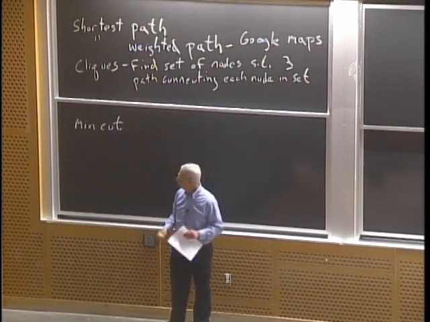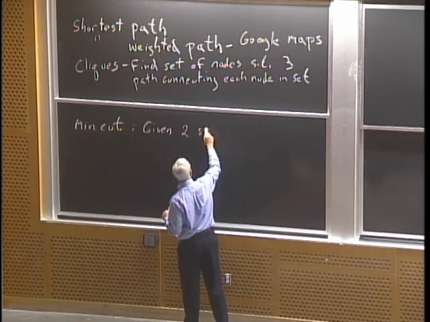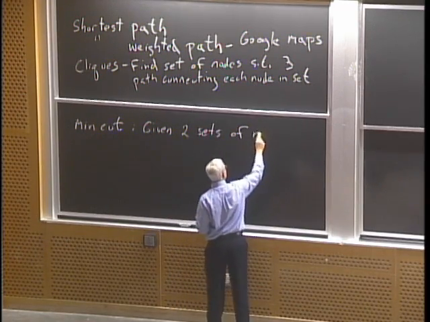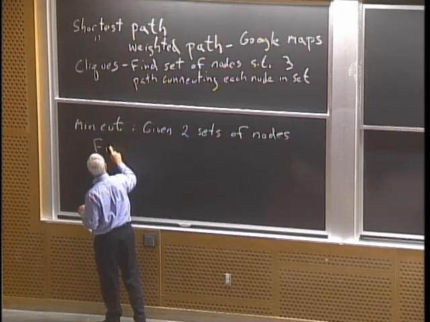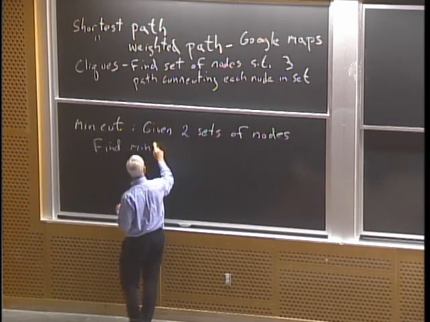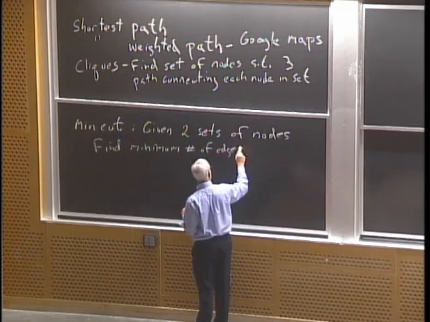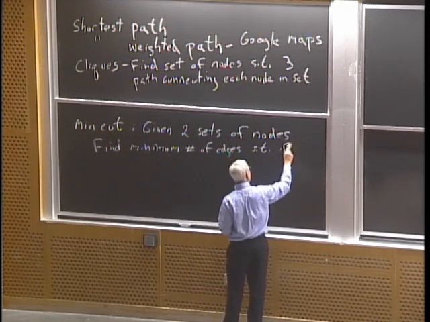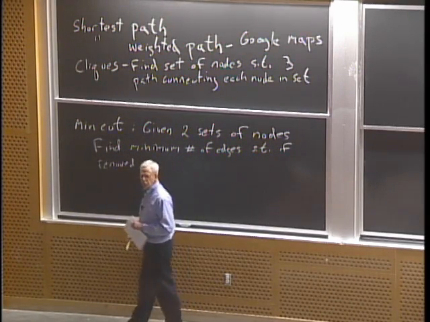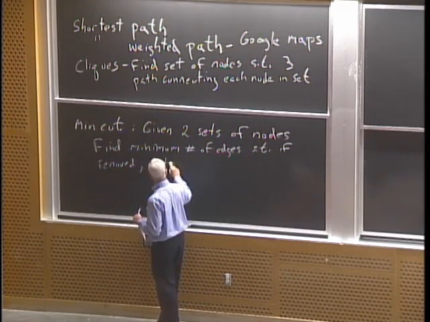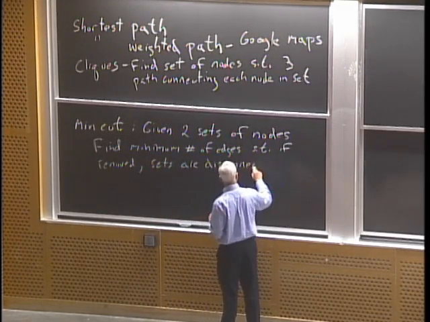So the problem here is, given a graph and given two sets of nodes, you want to find the minimum number of edges such that if those edges are removed, the two sets are disconnected, i.e., you can't get from a member of one set to a member of the other set.